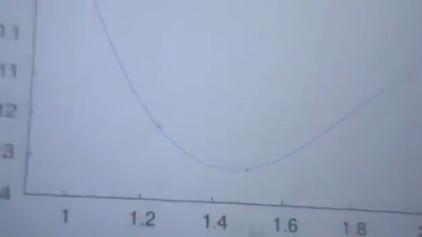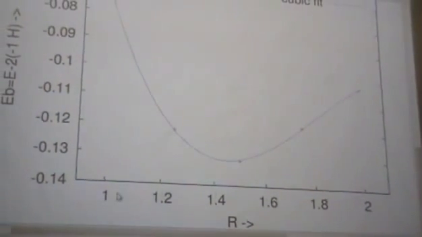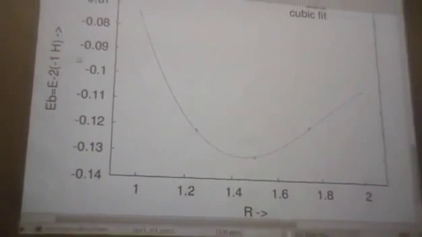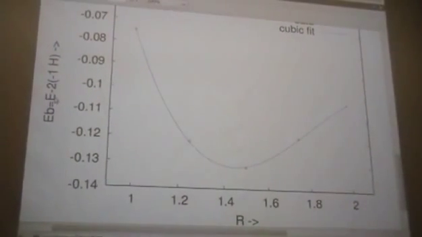Now let's look at the hydrogen data set. What you do for hydrogen is we calculate the energy at a series of separations. And I have the data. Here's the graph of my data. What I'm showing you here is the separation between the two protons in the hydrogen molecule on the horizontal axis. The vertical axis, I have a typo, shoot. This is the binding energy of the molecule.